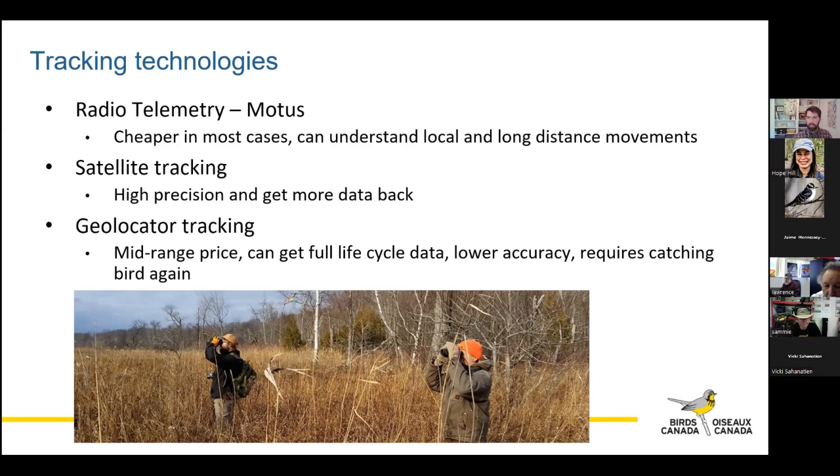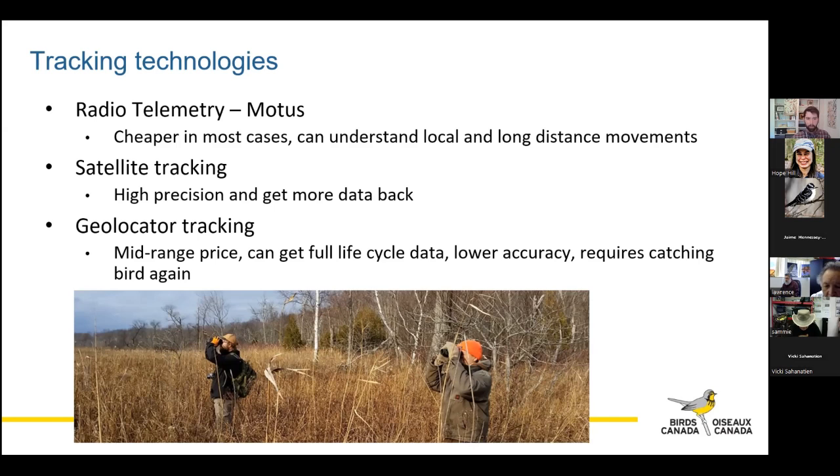Satellite tracking is slightly bigger, so you can't put this on small warblers, but really high precision, and you get a lot more data back from satellite tracking studies, but also quite a bit more costly per bird you want to track. And then geolocator tracking uses sunlight, and so sunrise, sunset times to estimate where the bird is based on that.